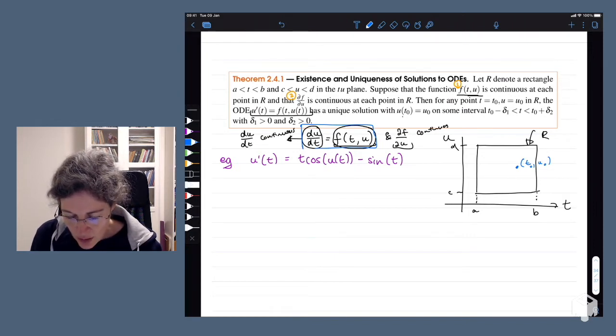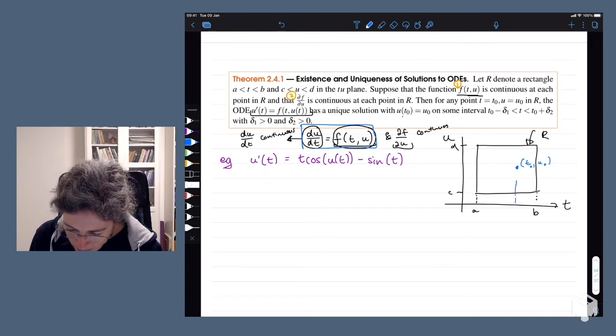So it has a solution that goes through this point here on some interval that lies around t naught. We can find a solution on this region here, from t naught minus delta 1 to t naught plus delta 2.